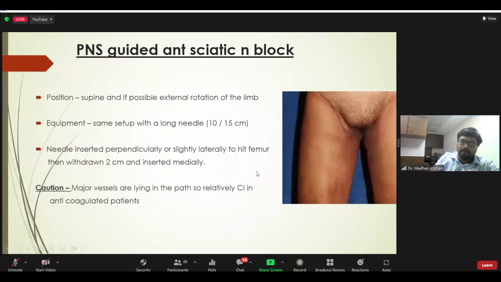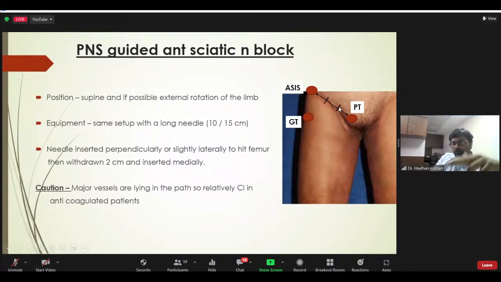If you are doing a PNS guided anterior sciatic nerve block, you need to identify a few bony landmarks again, mainly the anterior superior iliac spine, pubic tubercle, and greater trochanter. So you make a line joining the PT and ASIS and divide it into 2. Two named approaches are there. One is Beck's approach, another one I don't remember the name. One has divided it into 2 and taken 4 centimeters distal.